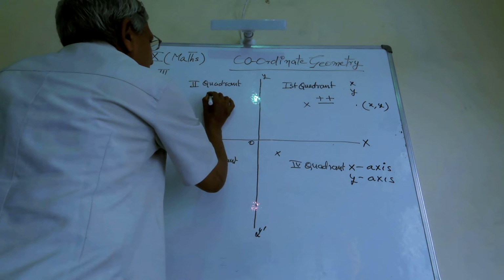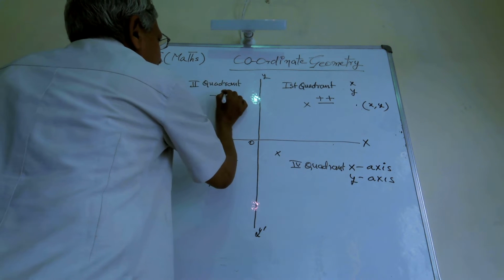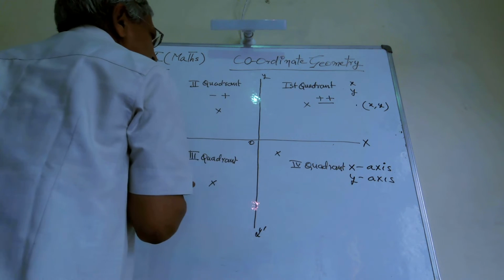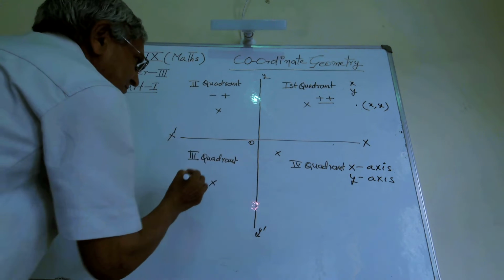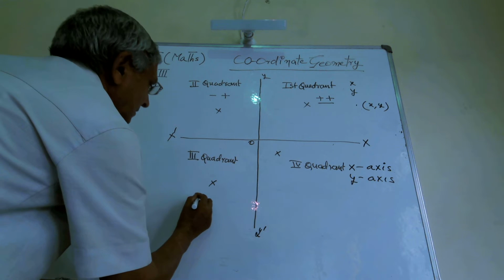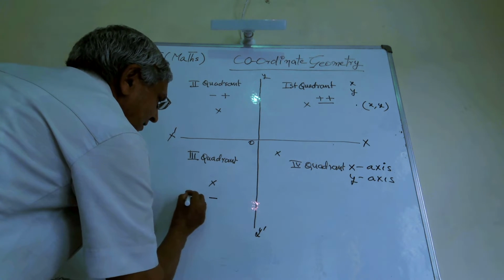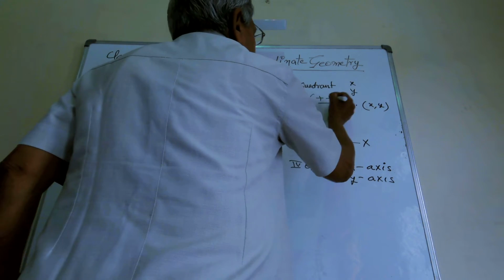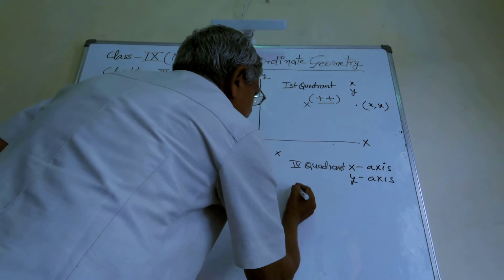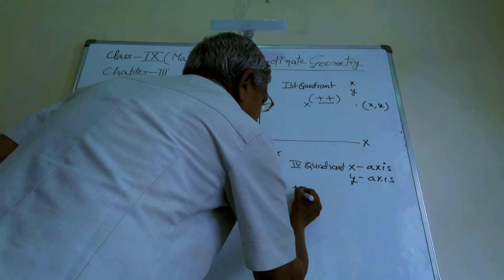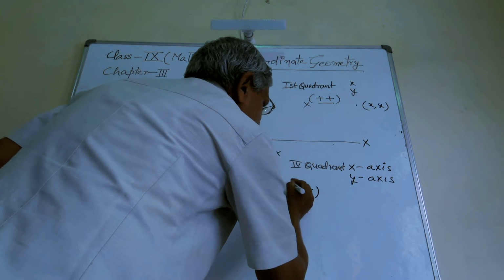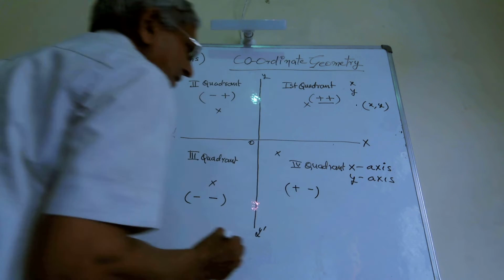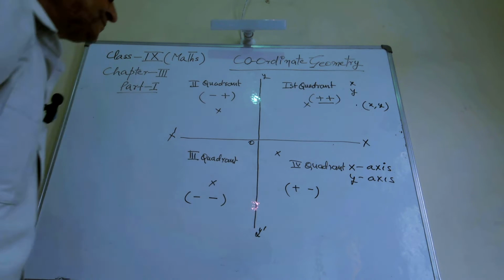In the second quadrant, abscissa is negative and ordinate is positive. In the third quadrant, both are negative. And in the fourth quadrant, x is plus and y is minus.